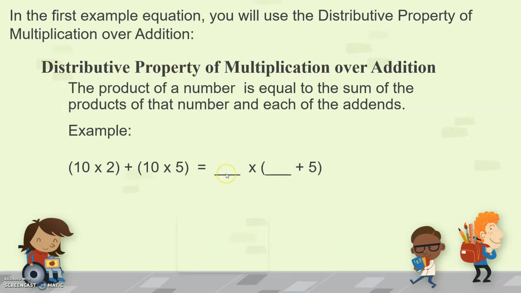Okay? So, ngayon, paano natin malalaman kung ano yung missing numbers? Ang mga missing numbers, makikita nyo rin dito sa side na to. So, we have 10 times 2 plus 10 times 5. Diba? So, meron na tayo ng 5. Ano yung missing? 10 and 2.